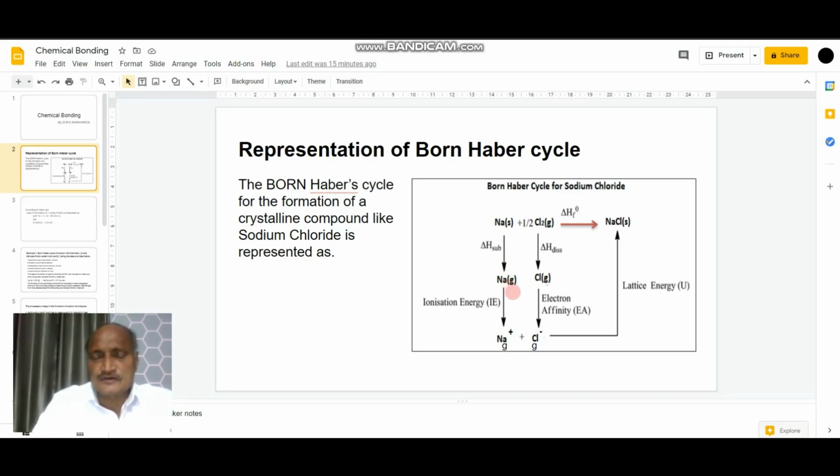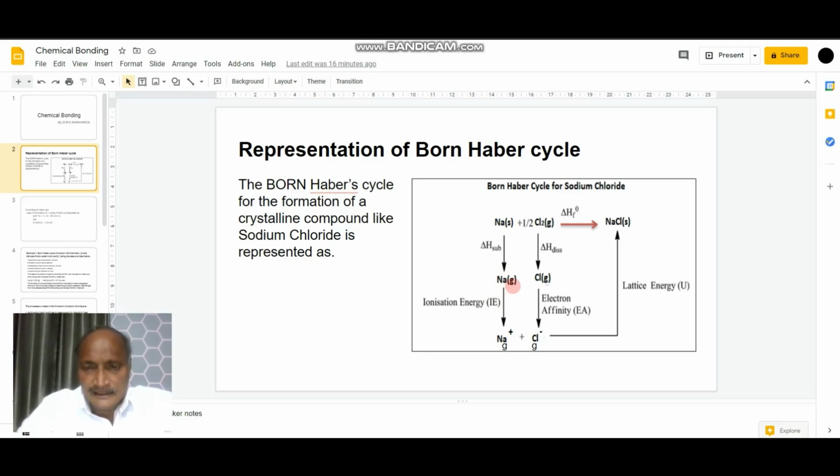Whatever the amount of energy required to sublimate solid sodium into gaseous sodium is simply the sublimation energy. Coming to the second step, that is ionization of a gaseous sodium atom.